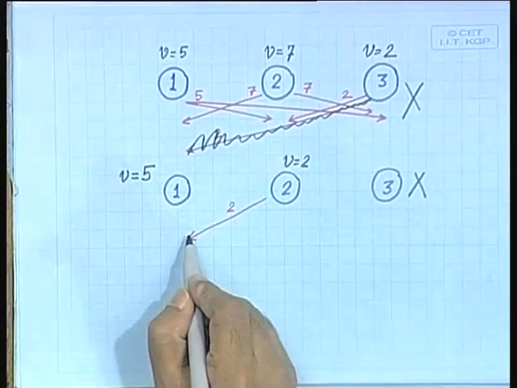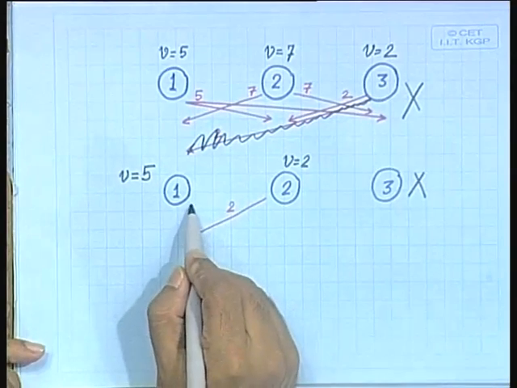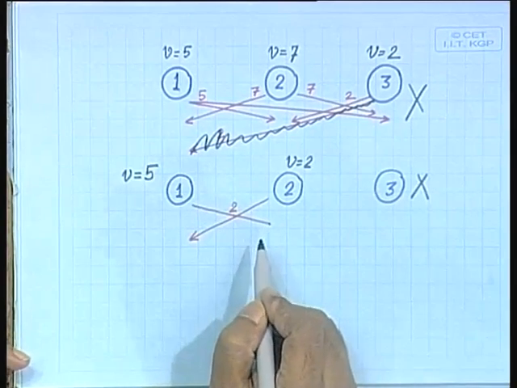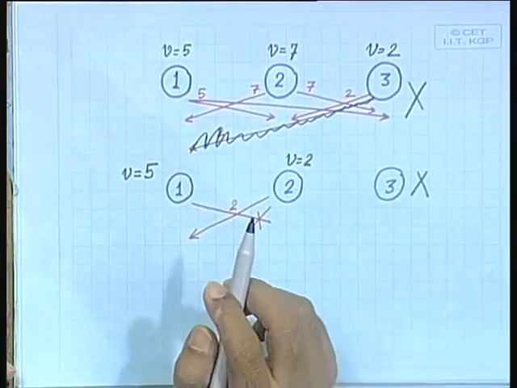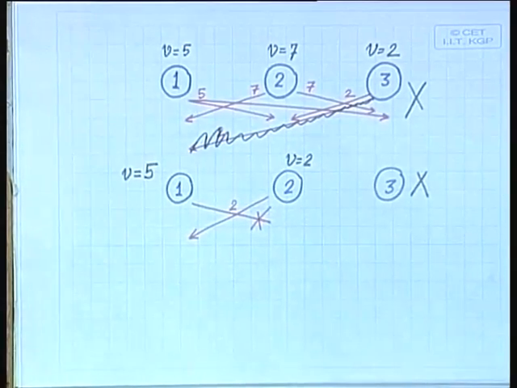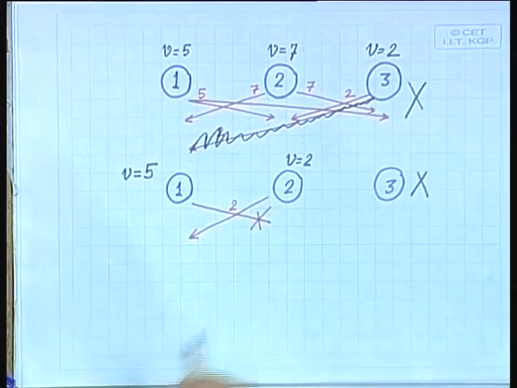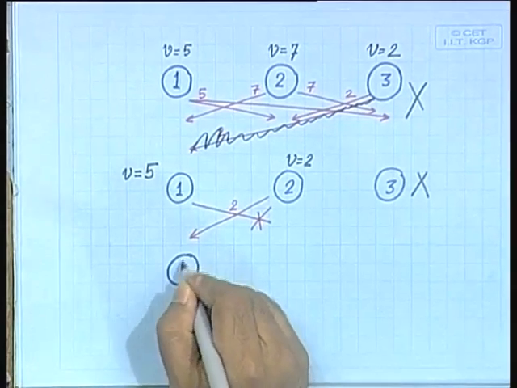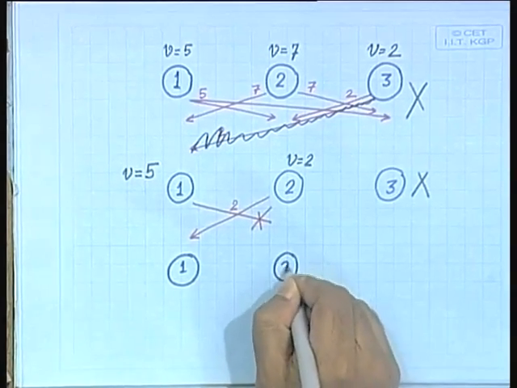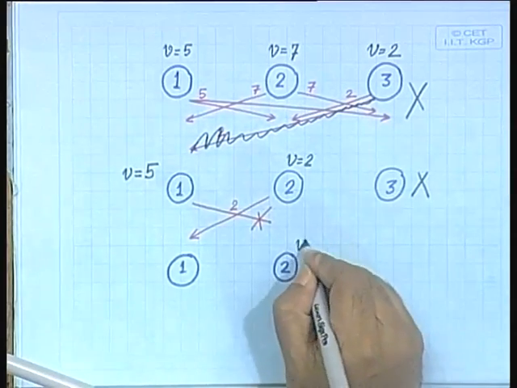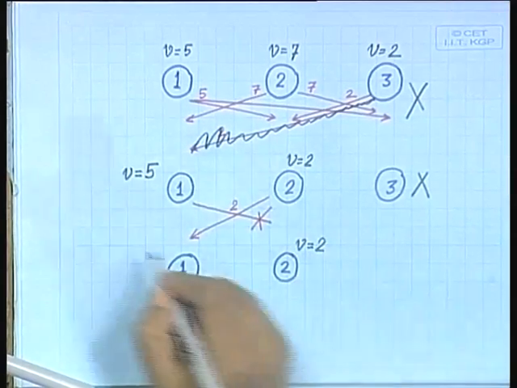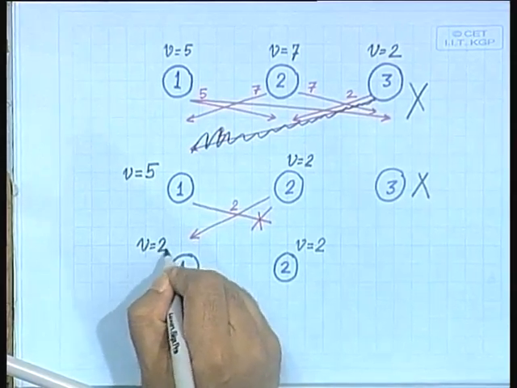Okay. So this is getting 2, and this one will it send 5 again? No, because it has already sent 5 in the previous round. So what will happen in the next round? This will remain 2, this will now become 2.